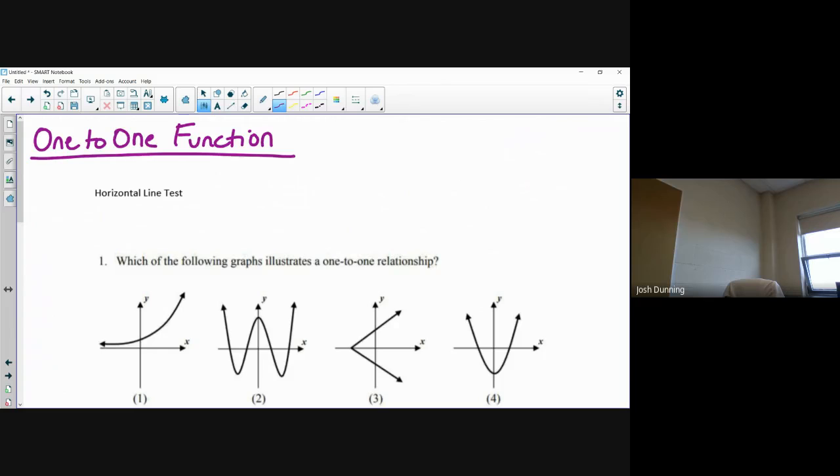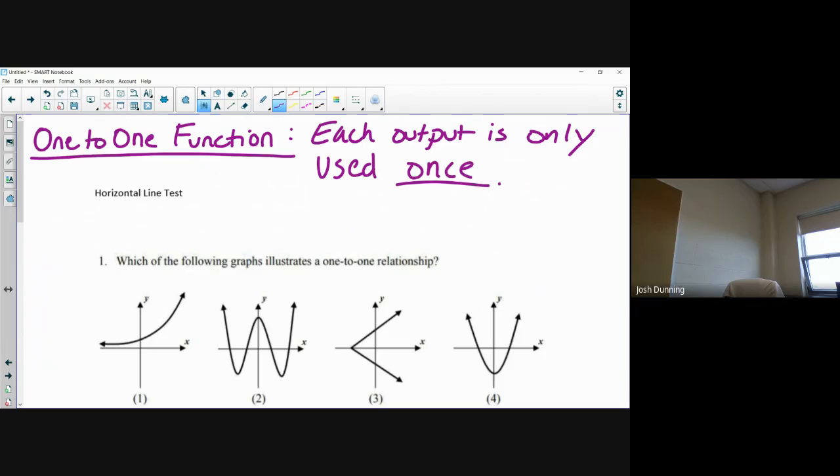And what the one-to-one part means is each output is only used once. They are all unique. Unique means one of a kind.